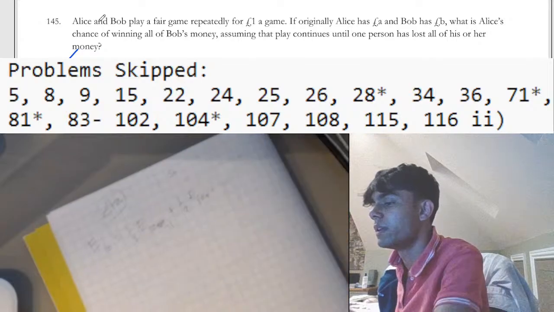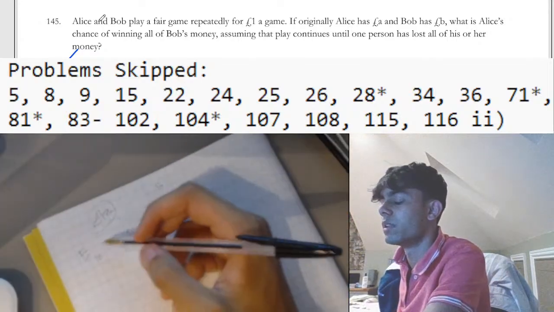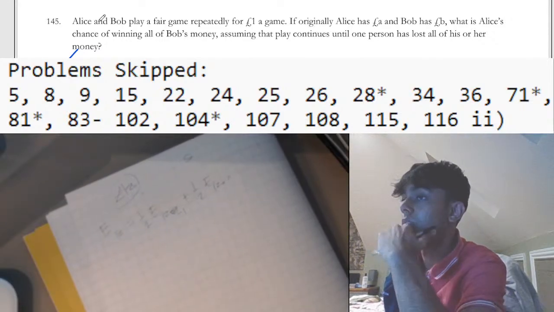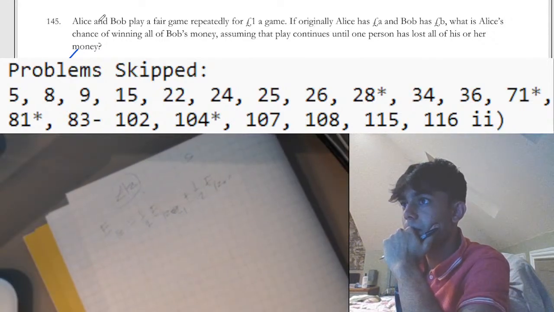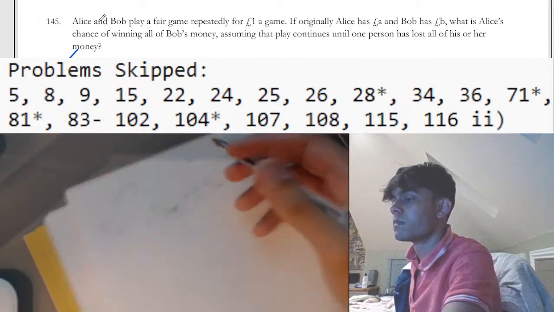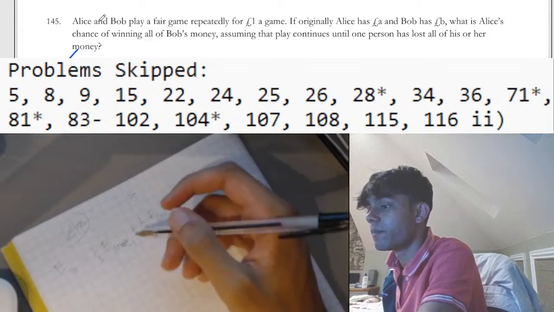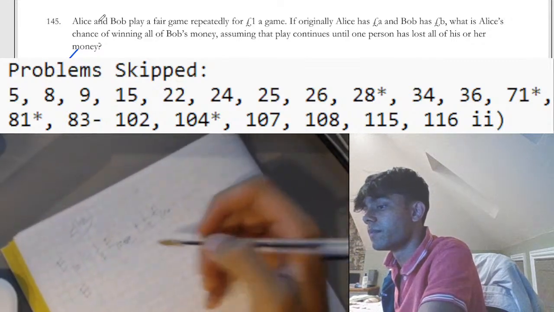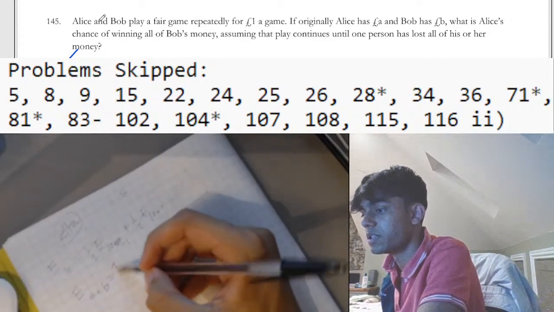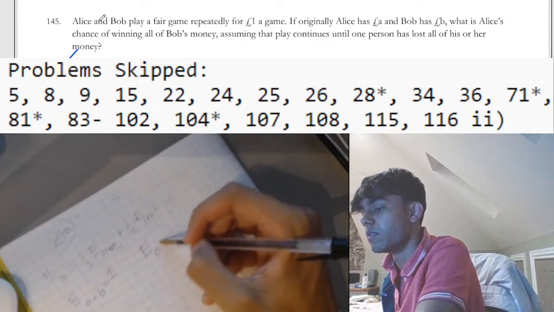So we'll call it chance of winning with K, E of K. And if we know that E of A plus B is 1, because then you've won, and E of 0 is 0.